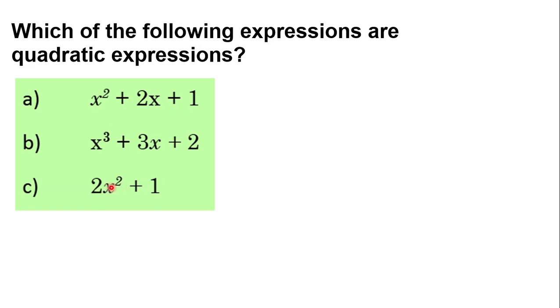For the fact that the highest power is a 2, this is a quadratic expression. Remember, in a quadratic expression, the highest power to which x is raised must be a 2. This one is not quadratic because the highest power of the unknown is 3.